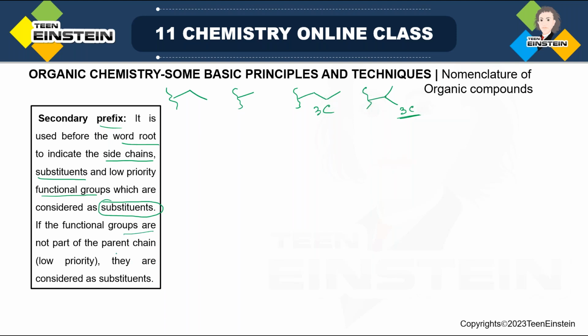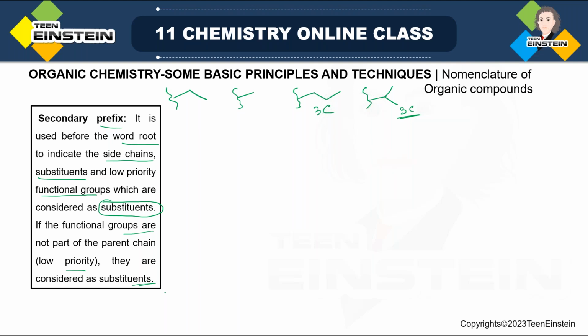If the functional groups are not part of the parent chain, then also they will be treated as substituents. So sometimes functional groups are not part of the chain, though in that case we have already seen in case of cyclic compounds, but there are some special cases where you will see it is not cyclic compounds, but still the functional group is not part of the parent chain.